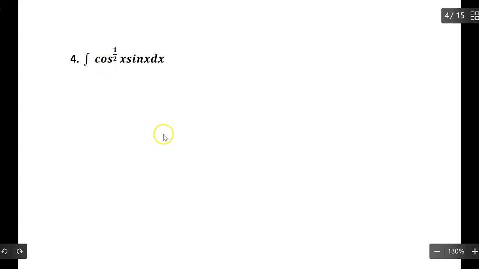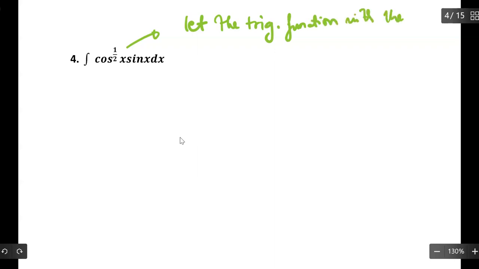So if you pick, let u equal cos of x, you are going to let the trig function with the power equal to u.